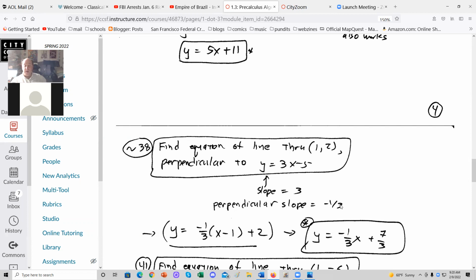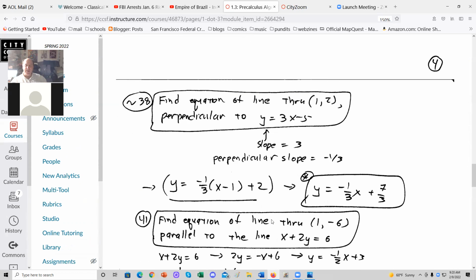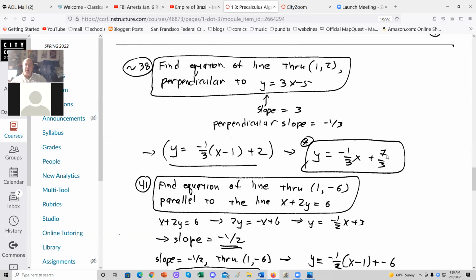So the slope is minus 1/3, and it goes through 1 by 2. So y equals minus 1/3 times x minus 1, all that plus 2. And then after a bit of arithmetic, distribution, and combination, we get y equals minus 1/3 x plus 7/3. That's the line through 1 by 2, perpendicular to the line y equals 3x minus 5.